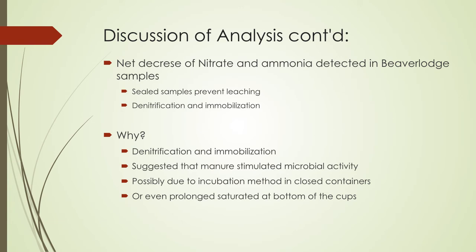So this could potentially cause some sort of anaerobic condition, depending if they got the saturations correct, or just from the respiration processes of the microbial activity. So that's something to keep in mind when we're looking at some of the nutrient and the nitrogen concentrations that are represented here.